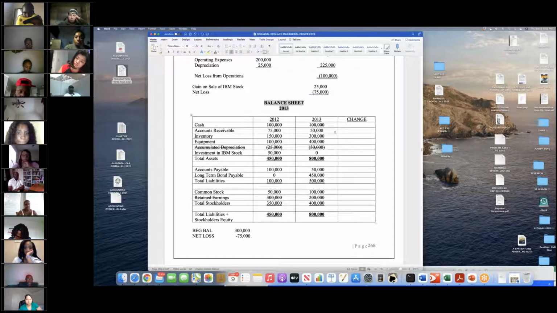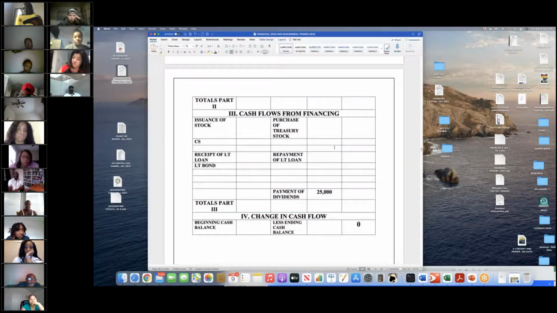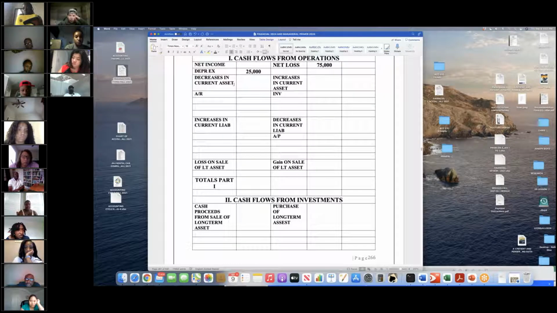Let's go to accounts receivable. So now we've got to do all the other accounts and strike them out. What happened with accounts receivable? It decreased. So when an asset decreases, is that a source or a use of cash? Well, what section are we going to be in first? Section 1, operations. And we said if there's a decrease in a current asset, then it's a source.